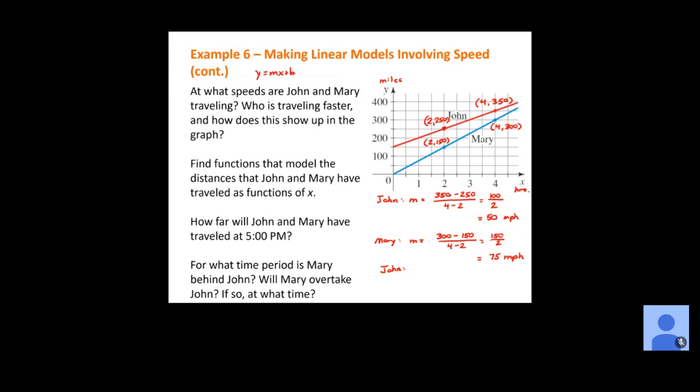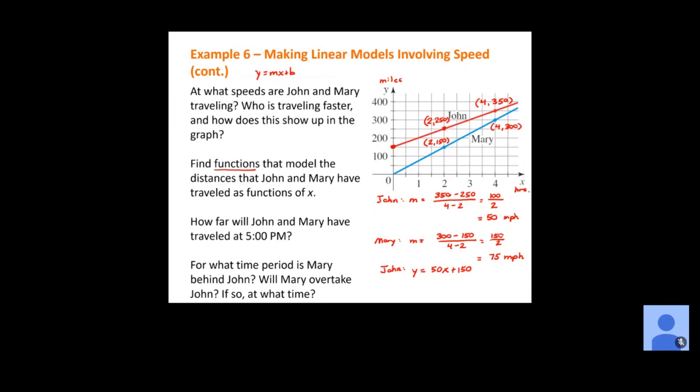So if you look over here now, John's line intersects the y-axis right here. That is 150. And so we can say that his function is going to be y equals 50x, right? Because 50 was our slope, plus 150. Okay, so when it's asking for the actual function here, we're looking for that linear function to model that line. And so that's going to be y equals 50x plus 150.